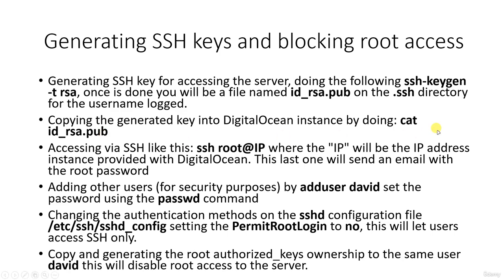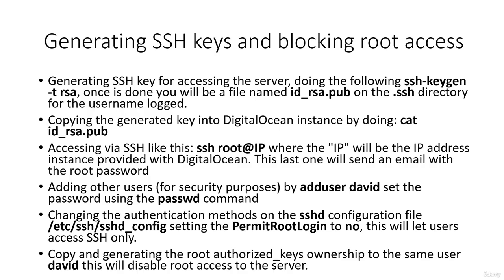After that, accessing via SSH is like this: ssh root@IP, where the IP will be the IP address provided by DigitalOcean. The last one will be sent to the email with the root password. Adding other users for security purposes by adduser David.